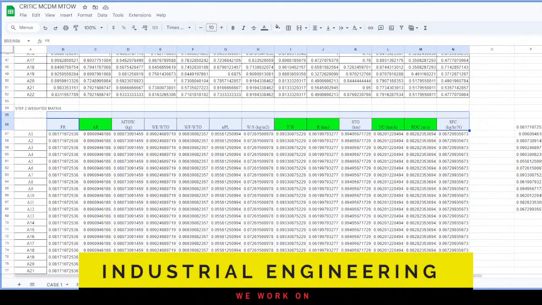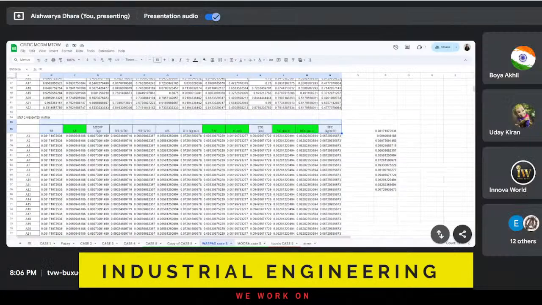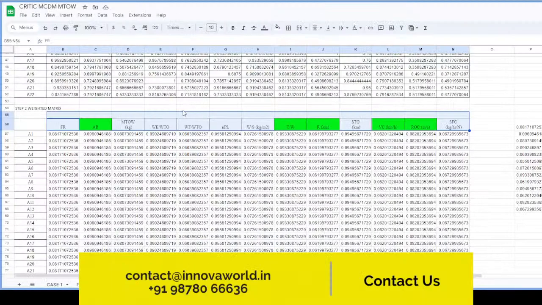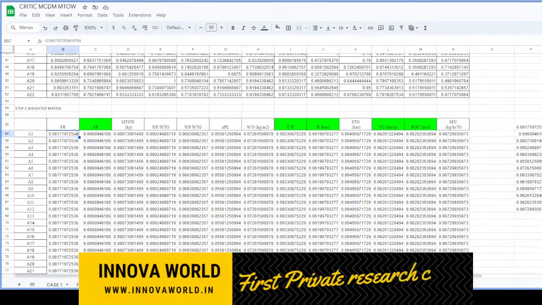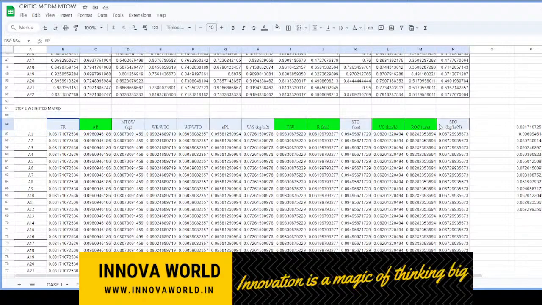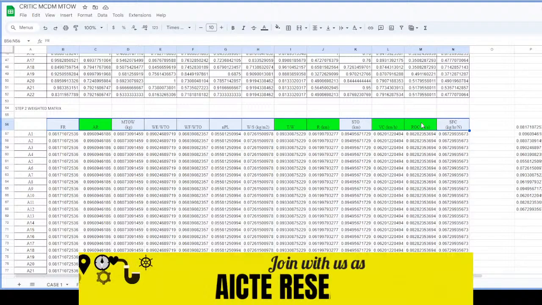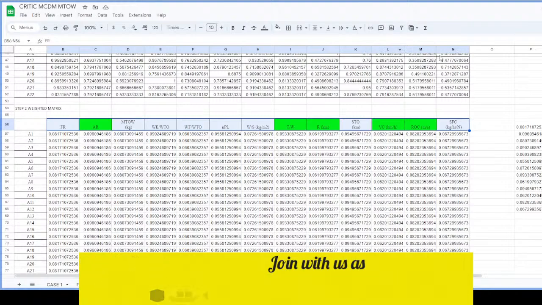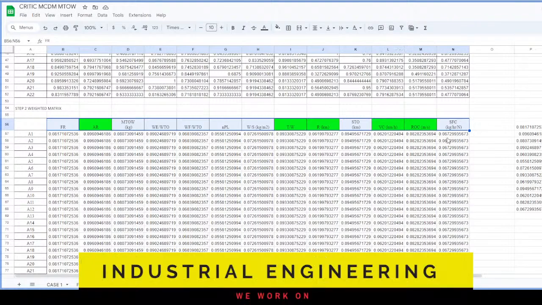There are other techniques also to decide how you can give importance to these criteria. Whether you give 50-50 percentage, or 40-60, or an equal weightage to all. Suppose you are taking 13 parameters.